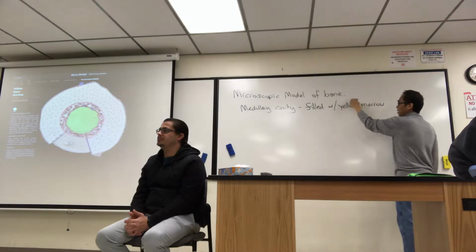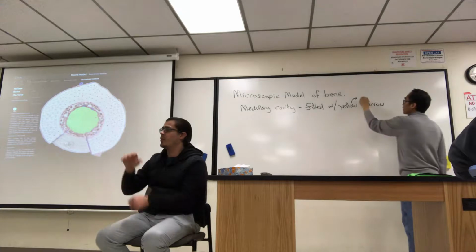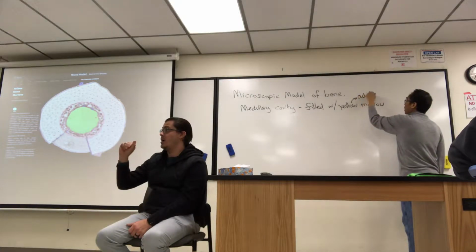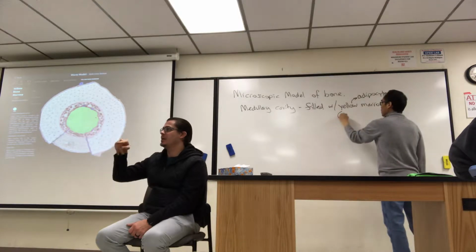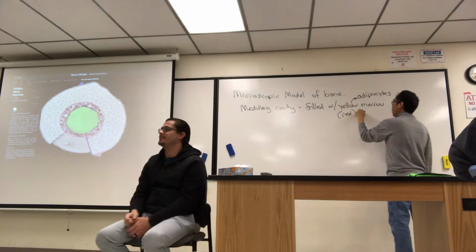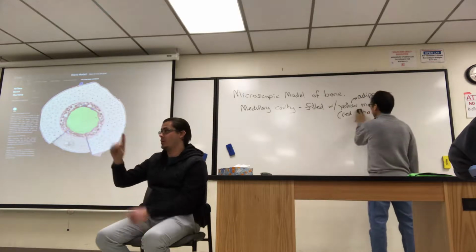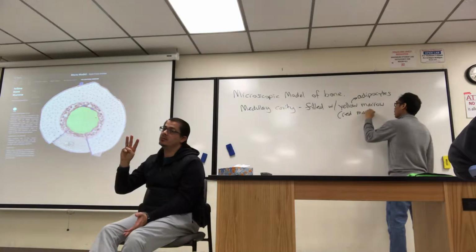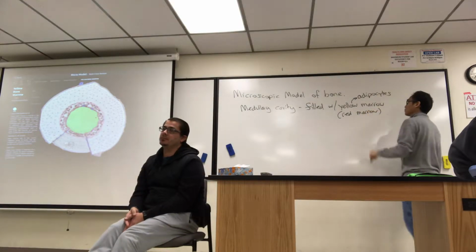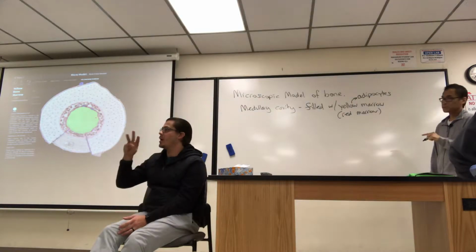It's yellow due to an infiltration of adipocytes, okay? Red marrow produces the blood cells.